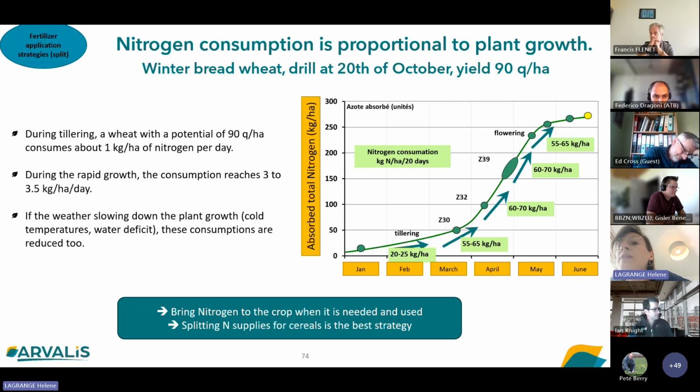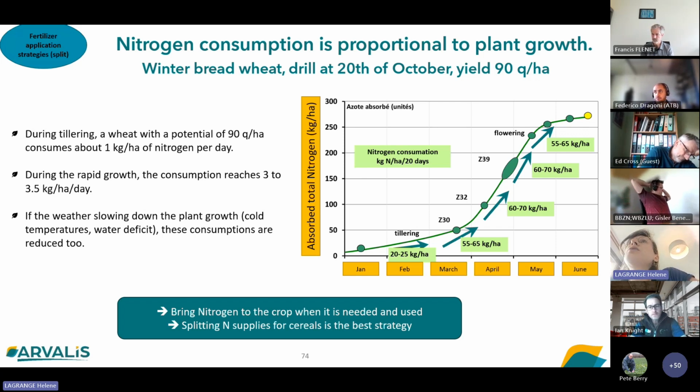And so we can see on this graph that the crop doesn't need so much nitrogen during this period, but needs more and more nitrogen during the rapid growth between March and May, June. So the key here is to try to bring nitrogen mostly during this rapid growth period.